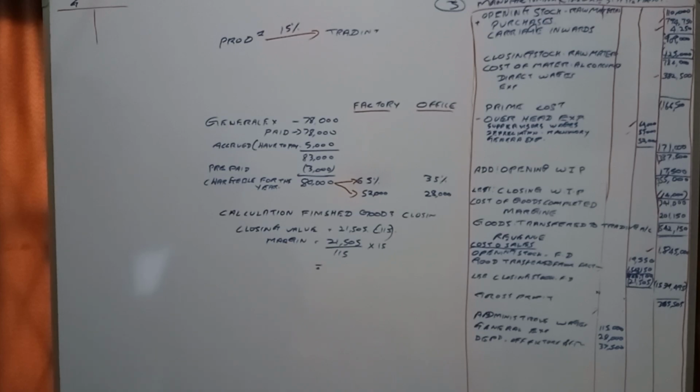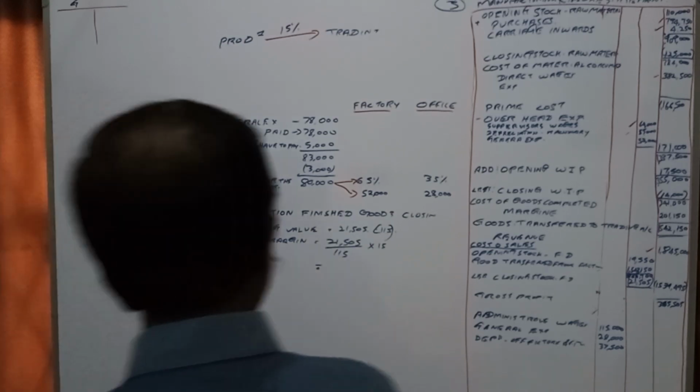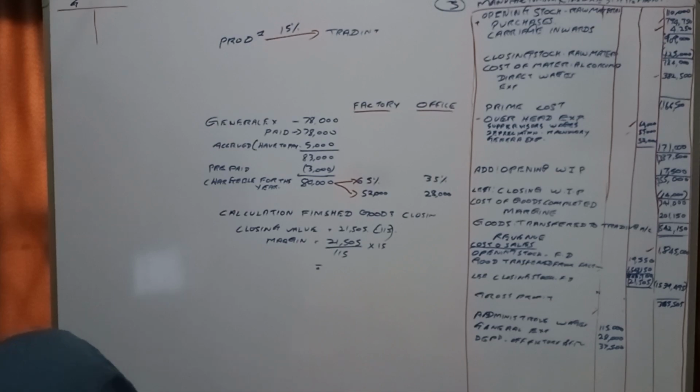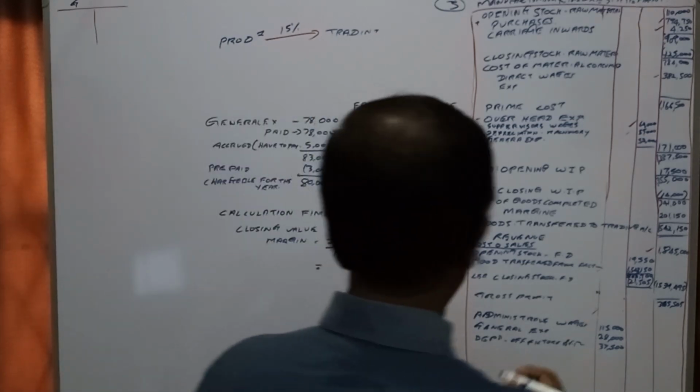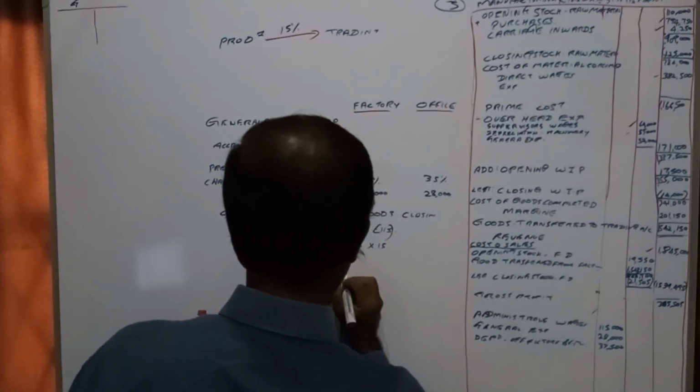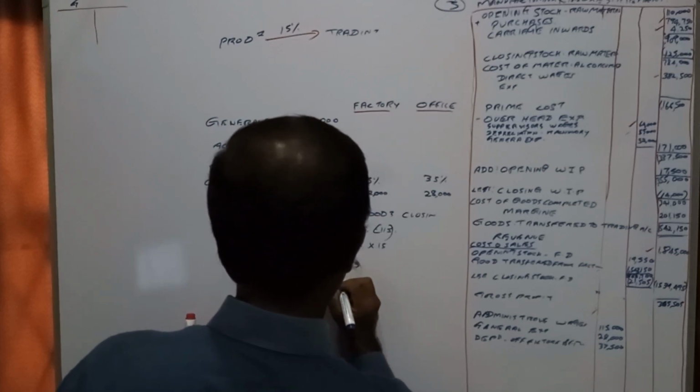21,505 divided by 115 into 15. It is equal to 2,805.